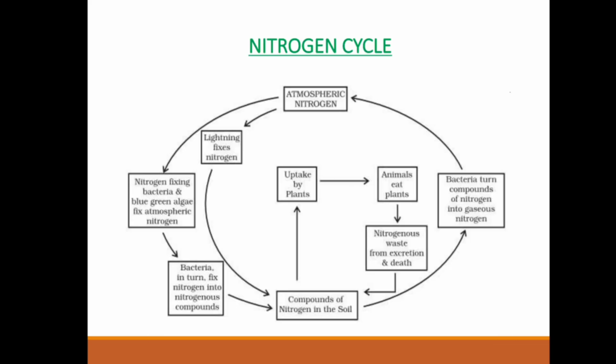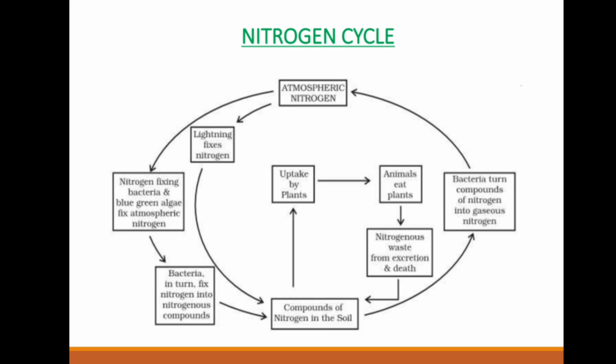So now we come to our next slide, that is the nitrogen cycle. As we have discussed, the amount of nitrogen in the atmosphere remains constant, that is 78%.